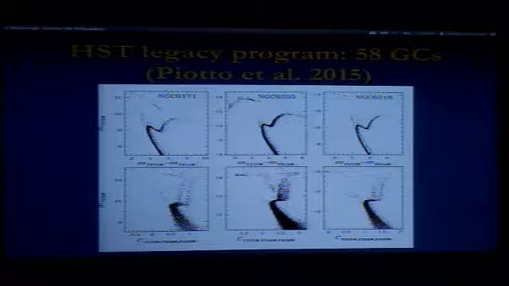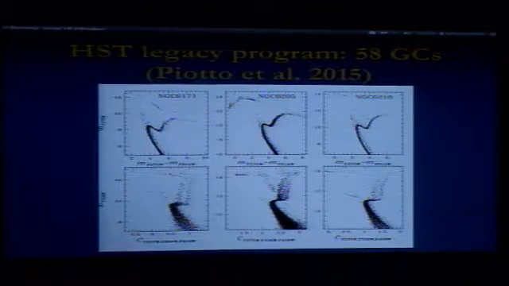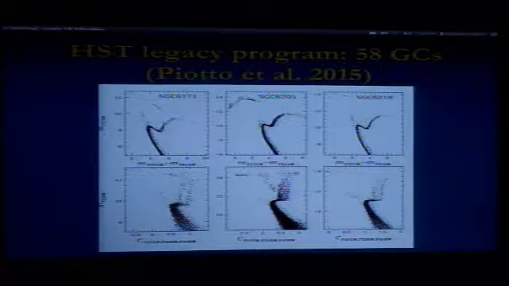So they constructed this kind of diagrams. They combined all these colors to have the highest possible sensitivity, and the diagrams were cleaned from all the field stars using proper motion. This is a very nice job that has been done. And at the end, they end up with a diagram like this one. This is a magnitude, and this is a pseudo color where you can see the main sequence, the subgiant branch, the horizontal branch, which is here.